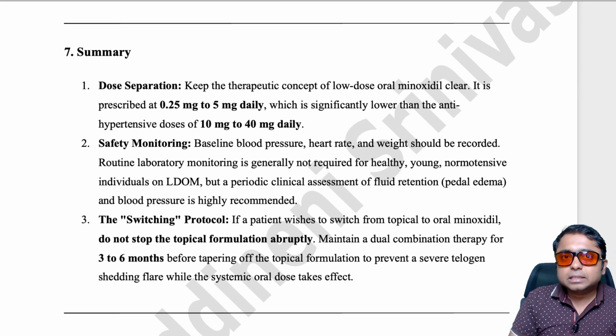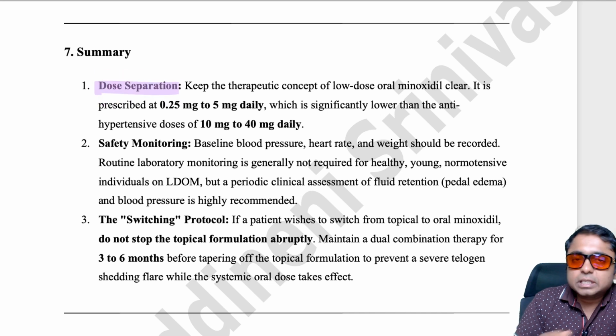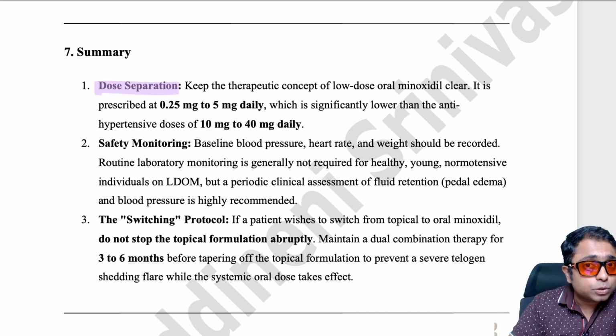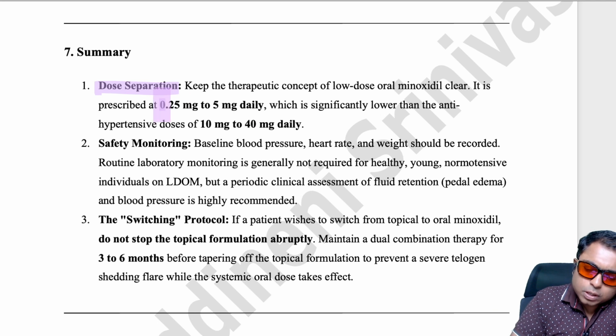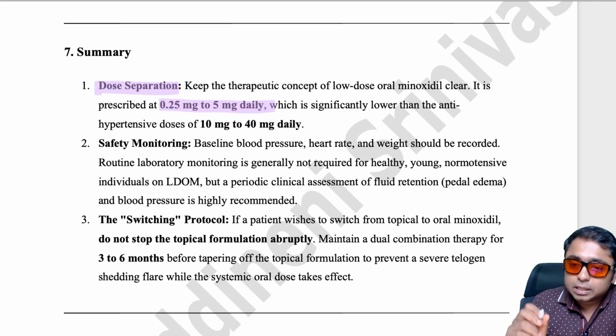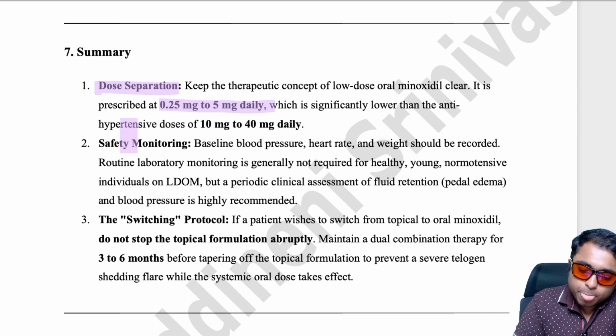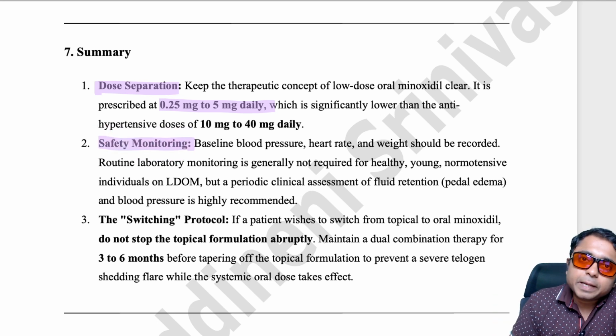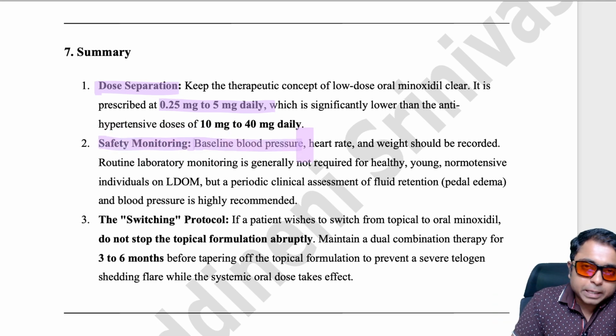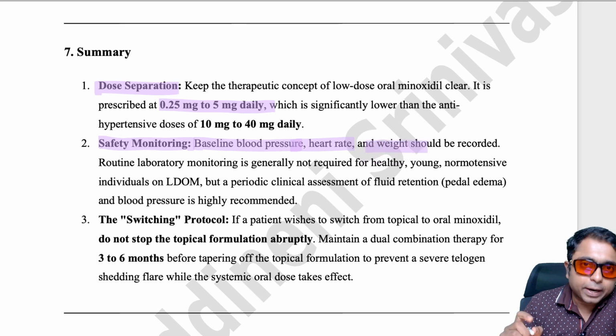So to summarize, remember the dose which is different in the case of the normal antihypertensive 10 to 40 mg, here it is going to 0.25 to 5 mg. That is very important dose which you must remember, low dose oral minoxidil. And as a part of the safety monitoring, you should remember baseline blood pressure, heart rate and weight should be recorded.